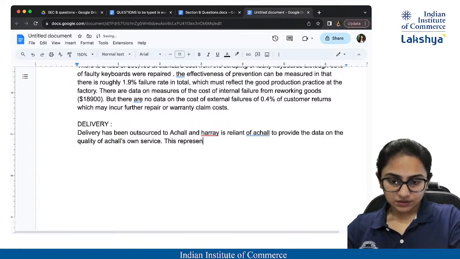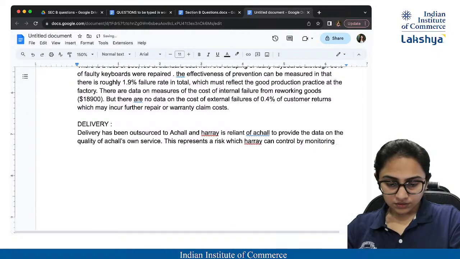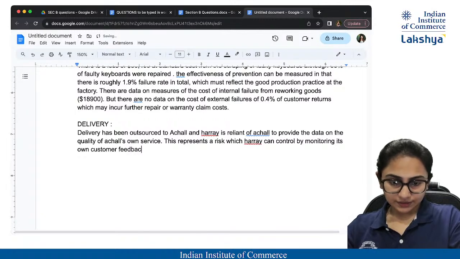This represents a risk which Harry can control by monitoring its own customer feedback to identify if Achel is underreporting the late deliveries.